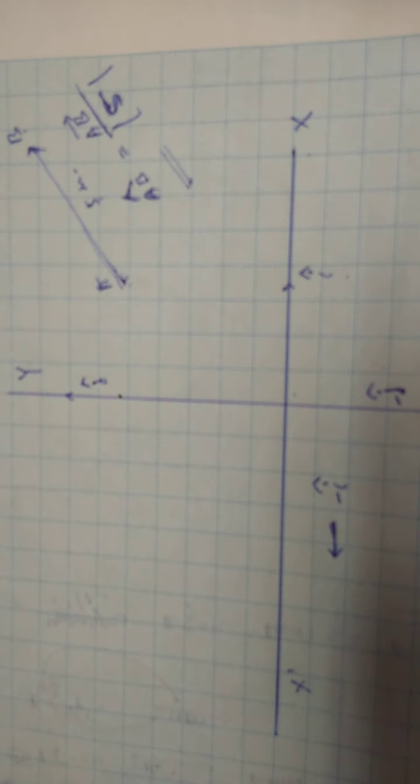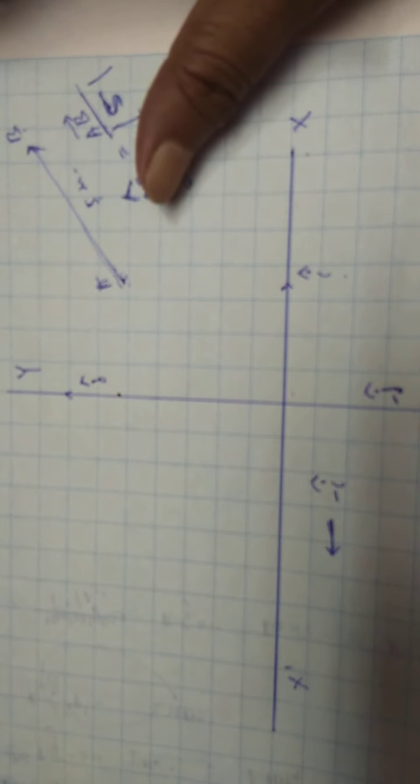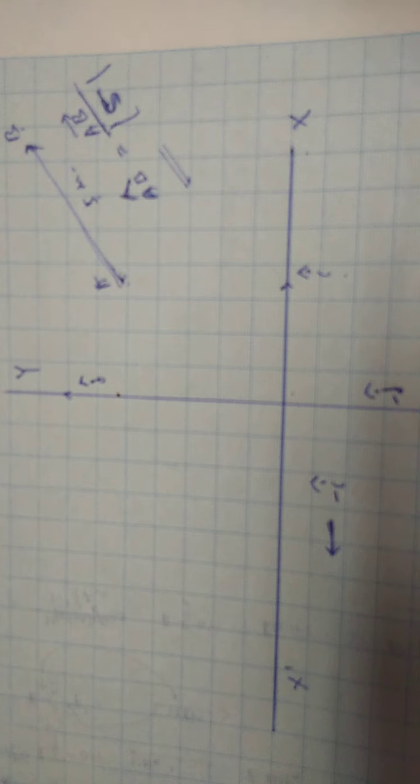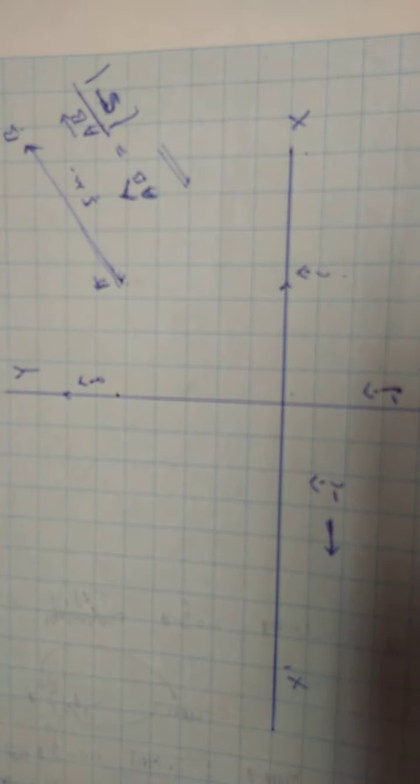Okay, so what we learned in part 1 of position vector, I am telling you how they can be represented in this analytical plane. So be serious.